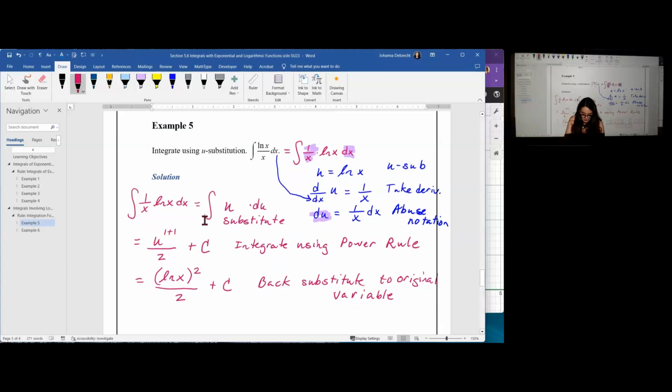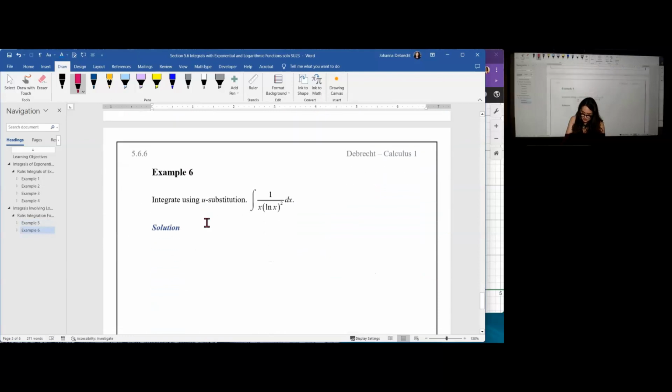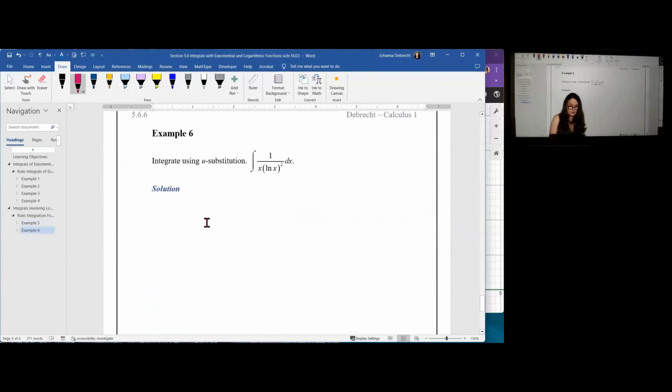Let's now take a look at the last example, example 6. Again, we have an indefinite integral, so we know that we'll have to return to the original variable, which is x. In this case, again, we have a mixture of natural log and some algebraic functions.